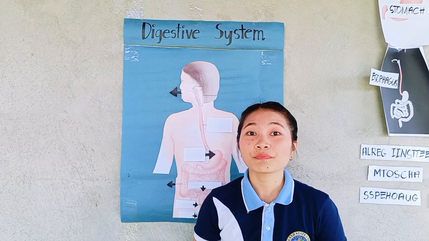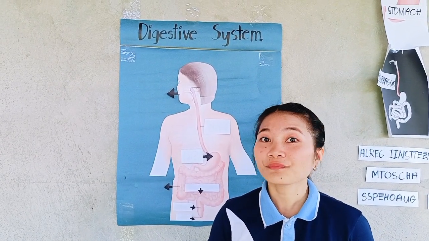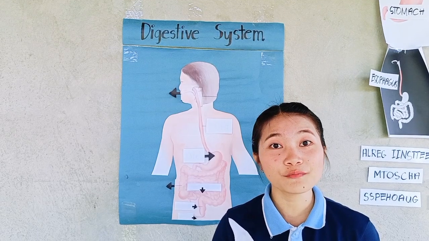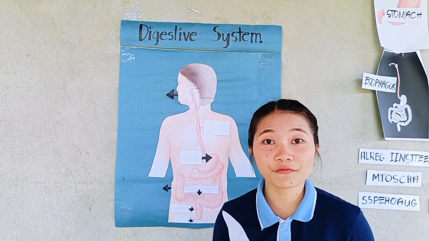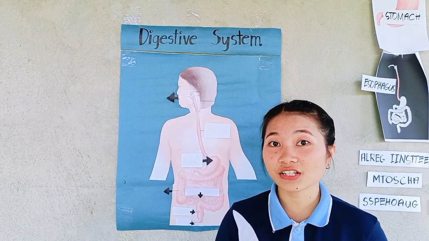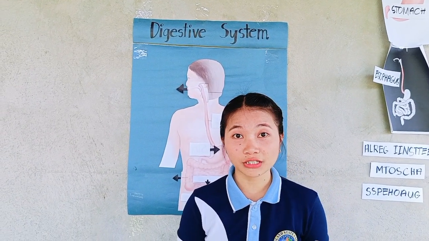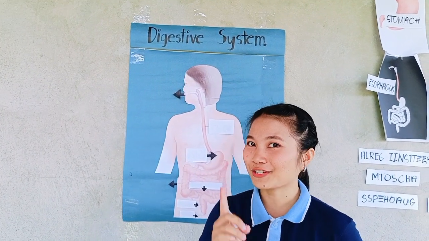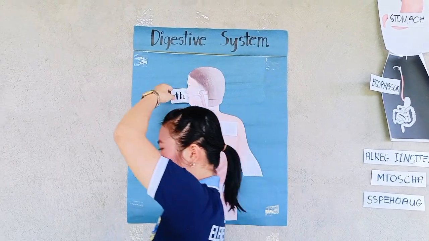The digestive system is a group of organs that work together to digest and absorb nutrients from the food that we eat. The digestive process takes a lot of steps. So first, if we're about to eat food, where would it go first? That's right, it goes to the mouth.